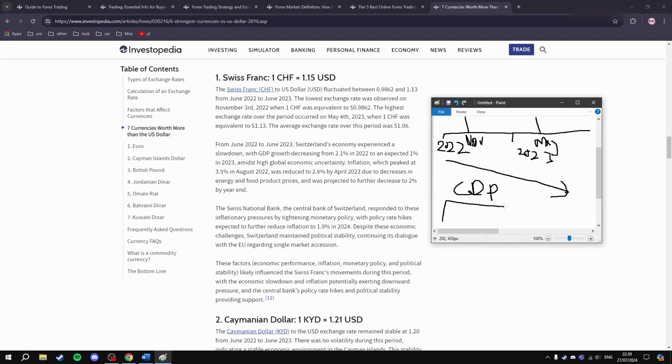So that went down in April due to decreases in energy and food product prices, which was projected to further decrease by the year end. Swiss National Bank, the central bank, responded to these inflationary pressures by tightening monetary policy, with policy rate hikes expected to further reduce inflation to 1.9% in 2024.